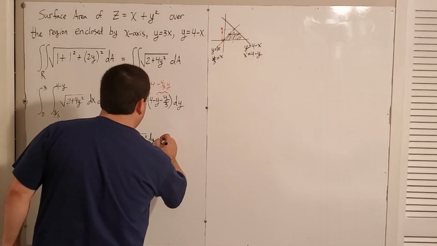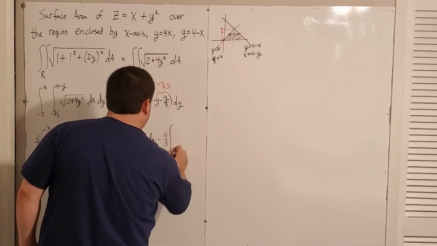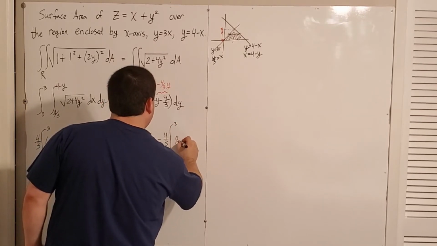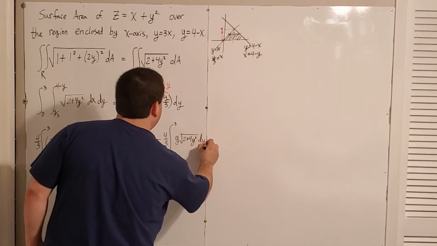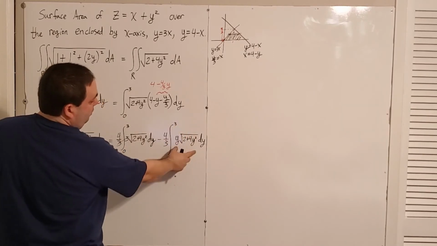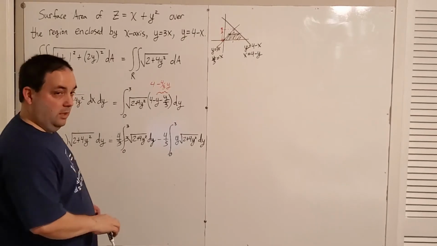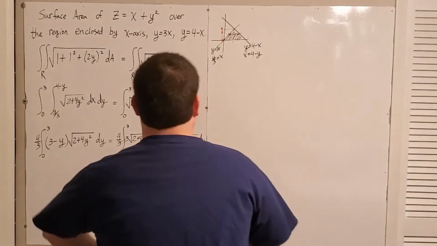Minus 4/3 integral from 0 to 3 of y square root of 2 plus 4y squared dy. Right? Now, of course, this is the more straightforward one. That one's ready for, or almost ready for, a substitution. We can handle that one pretty quick.